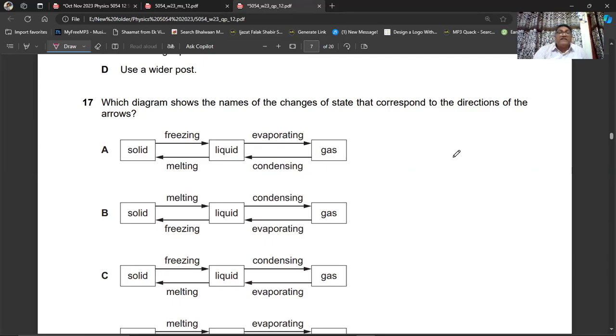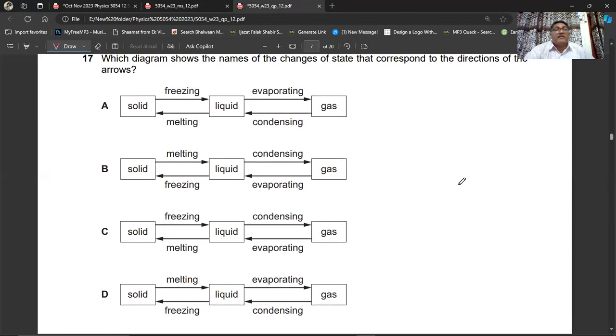So in freezing, the liquid converts into solid. In melting, the solid converts into the liquid. In evaporation, the liquid converts into gas, and in condensing, the gas converts into the liquid.